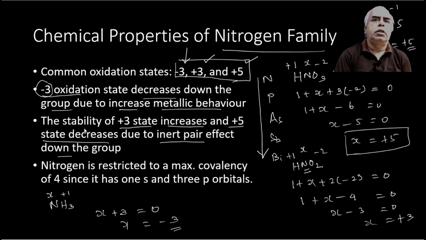And the stability of this +3 oxidation state increases because of what? The effective nuclear charge. It will be pulling the electrons like anything, and the 2 electrons may not be available. So that is why the +3 oxidation state's stability increases.